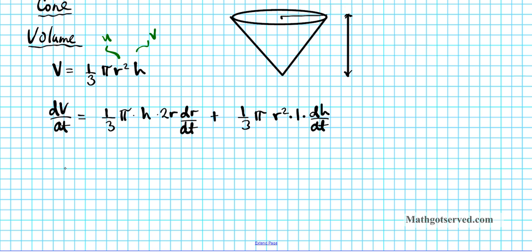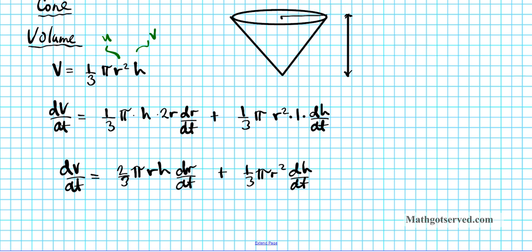Okay, so let's write this nicely. So dV/dt is going to be 2/3 pi r h dr/dt plus 1/3 pi r squared dh/dt. Okay?